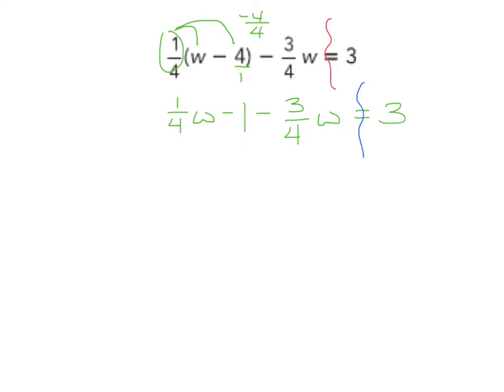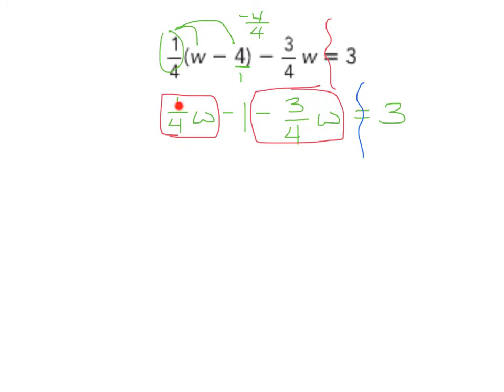Alright, so now, draw the wall. Let's look just at the left side. We can combine our w's. So these are the two I'm going to combine. Notice, I include the sign to the left. So we have to do 1/4 minus 3/4, or 1/4 plus negative 3/4.